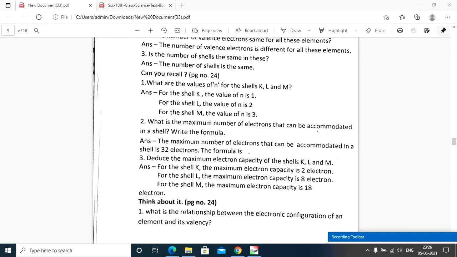Now if we talk about metallic and non-metallic character, you must remember that the zigzag line separates metals from non-metals. Left hand side elements are metals, right hand side are non-metals, and the borderline elements are metalloids. You have to remember the names of metalloids.